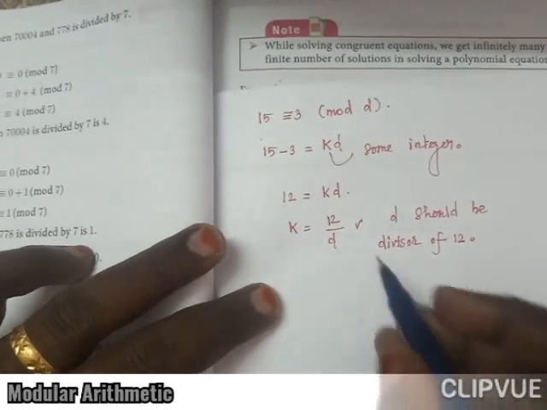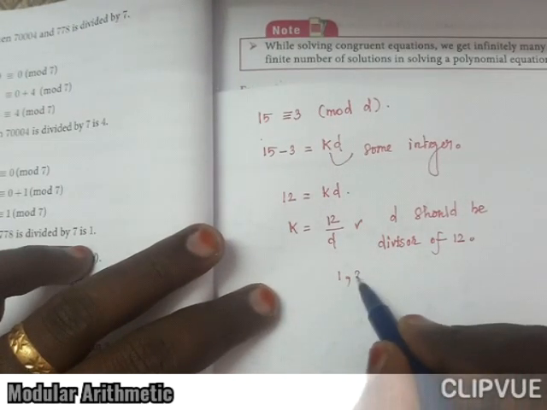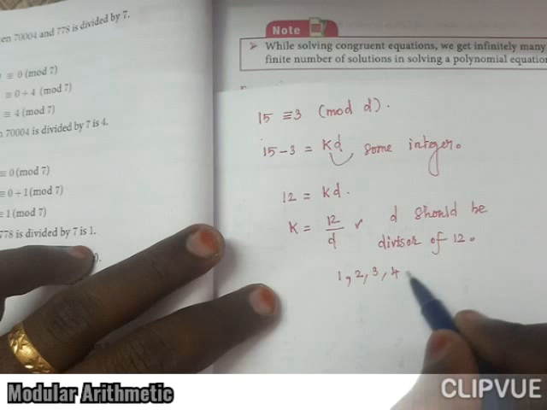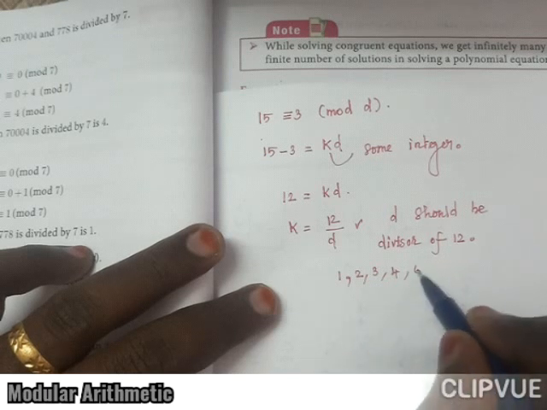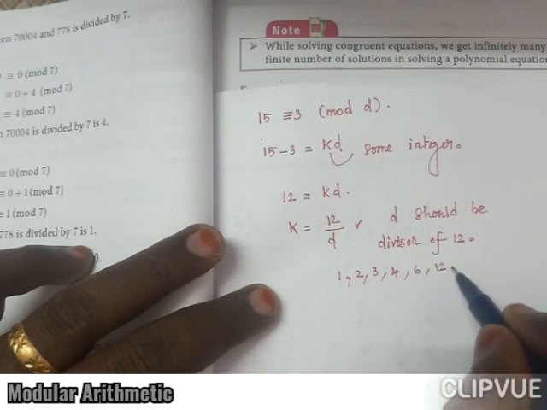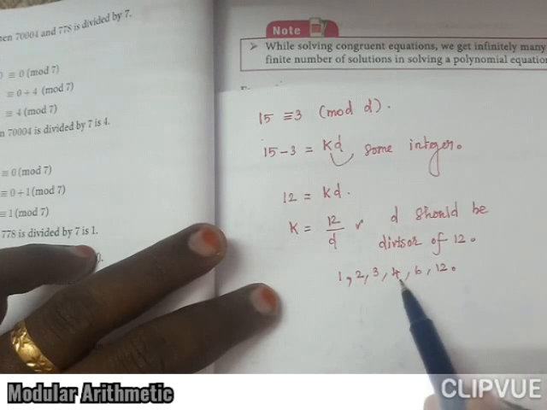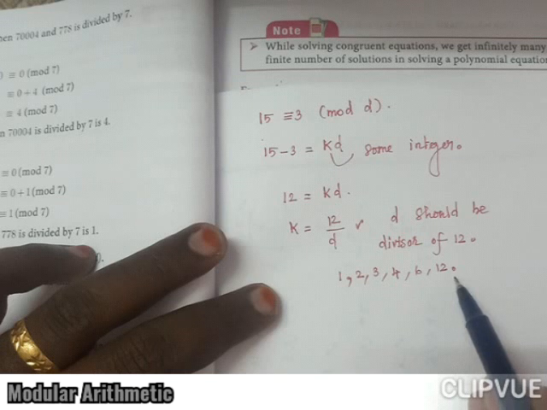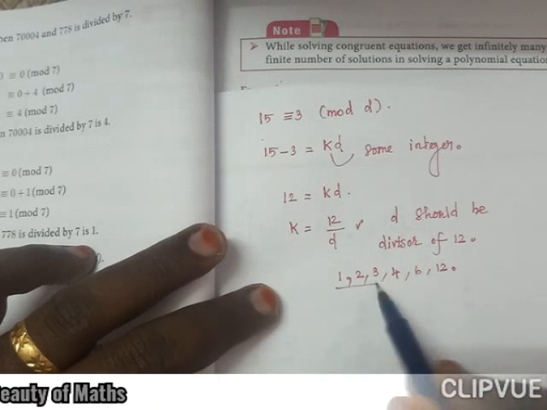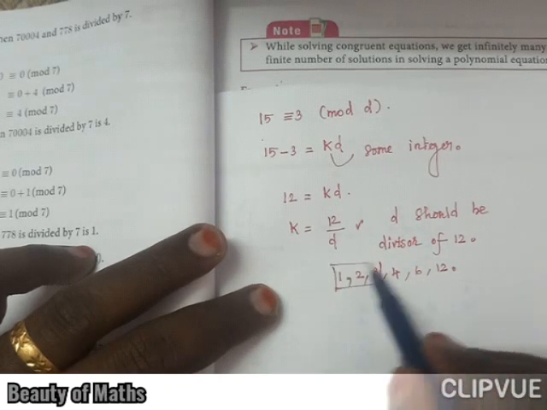The divisors of 12 are 1, 2, 3, 4, 6 and 12. But we should not take 1, 2 and 3. Why?